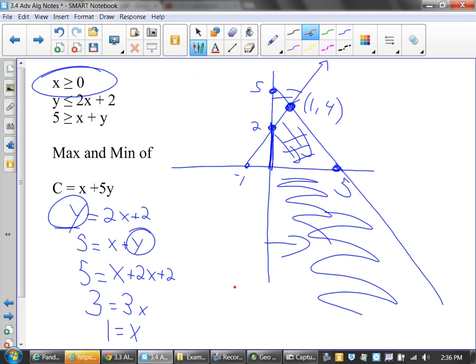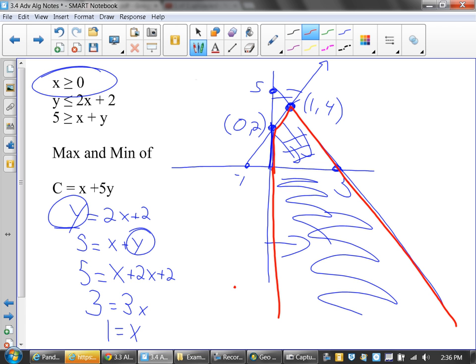If you follow your points that change direction, it's just those 2 points, at 1, 4, and then at 0, 2. Those are the only 2 points where the graph changes direction. Everything else, it just drops on down. And there's no basement. There's nothing there. So there's not going to be a minimum.